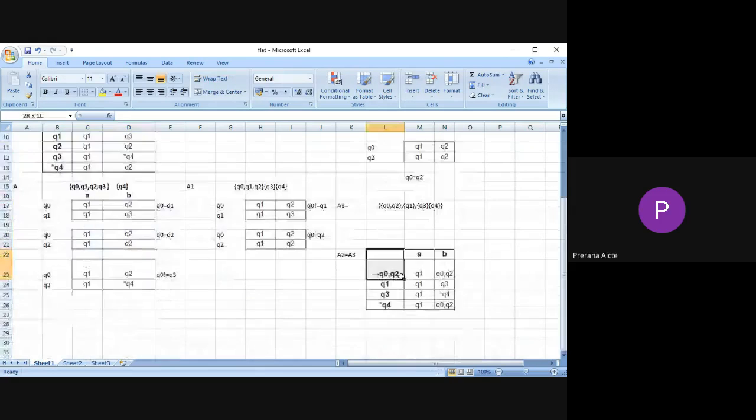Now we will draw the finite state machine for this.